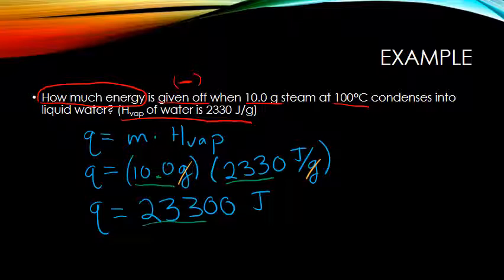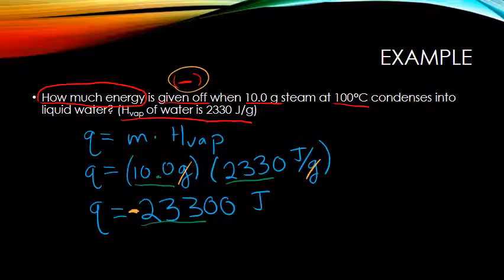So if we look at this, the zeros at the end do not count on our 23,300, because there's no decimal at the end. So we already have 3 significant figures. So we can leave our answer as is. But the one thing we want to do is go ahead and make our answer negative, because it's an exothermic process. We are giving off that energy. We want to make it negative.